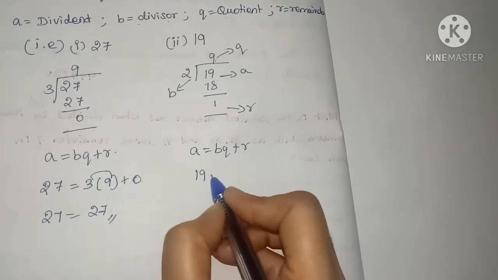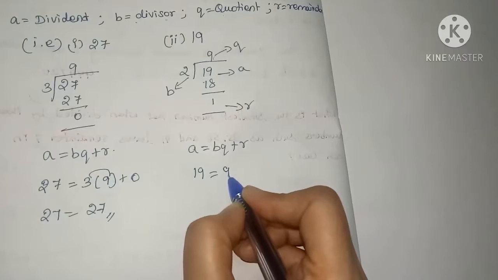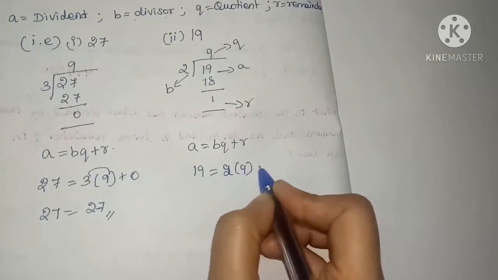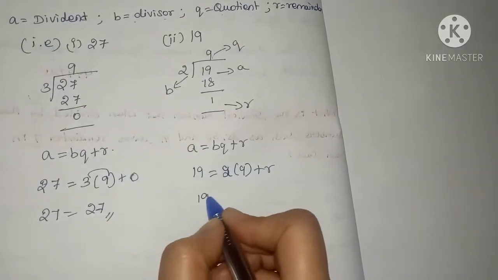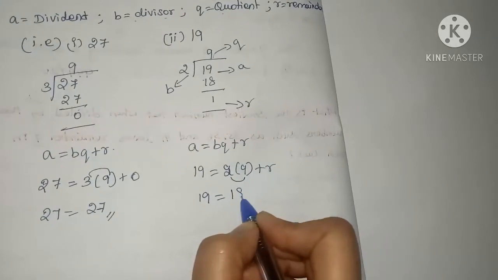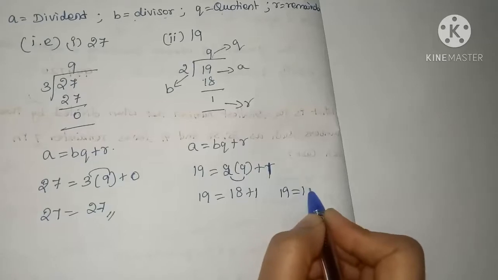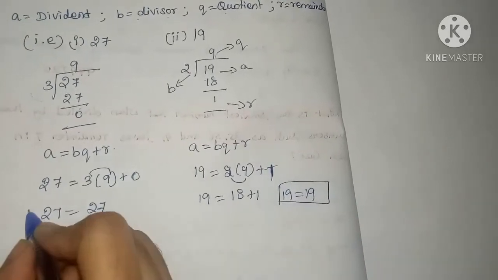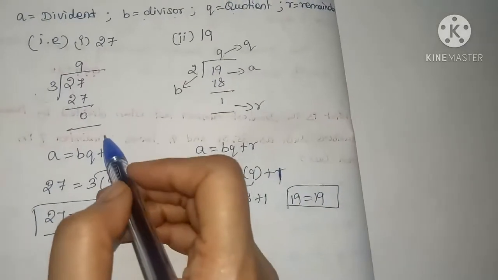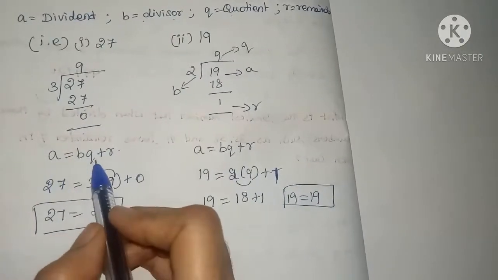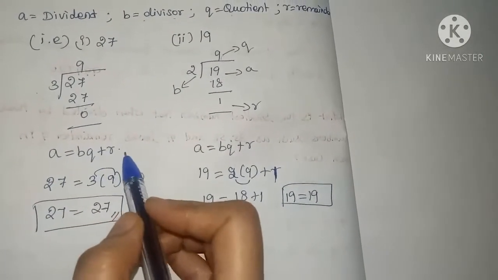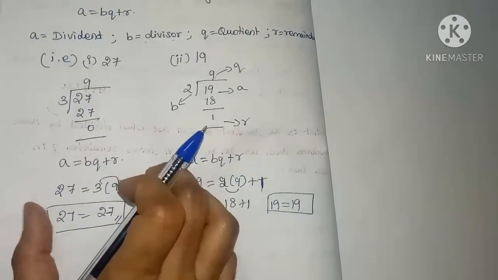So 19 is equal to 9 into 9 plus r. 19 is equal to 2 9s are 18 plus r value is 1. 18 plus 1, 19. So 19 is equal to 19. So what is your formula for Euclid's division algorithm? A is equal to bq plus r. Let us substitute this formula.